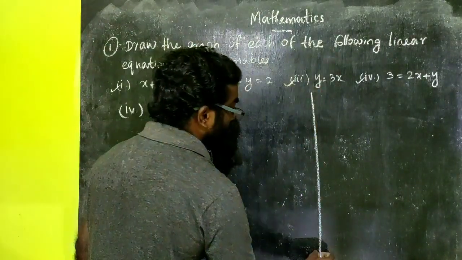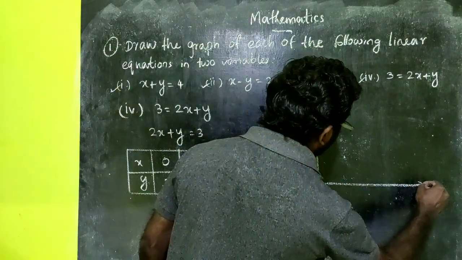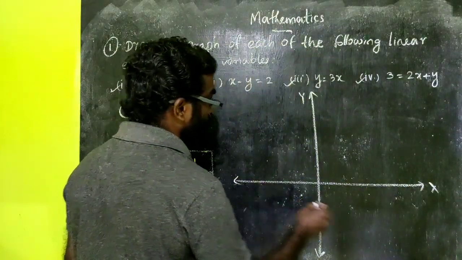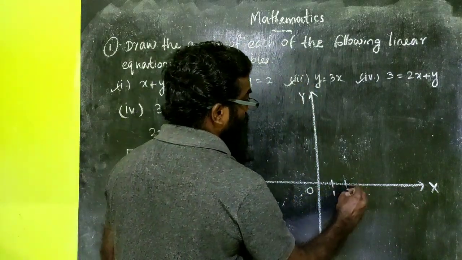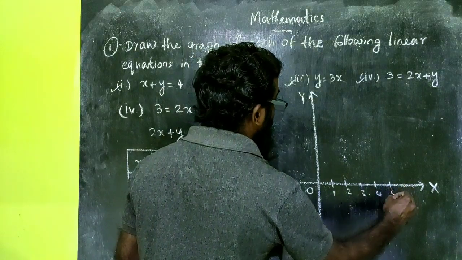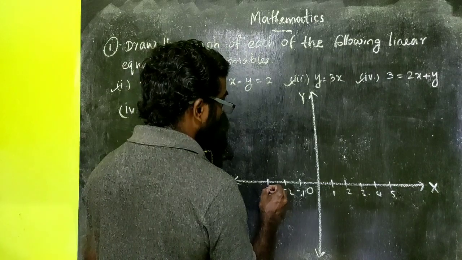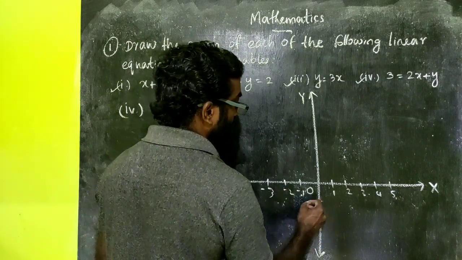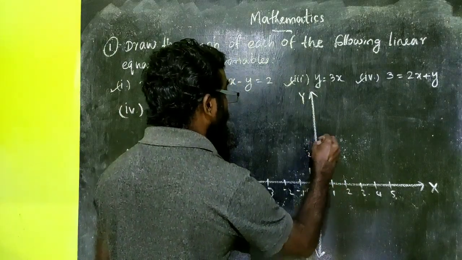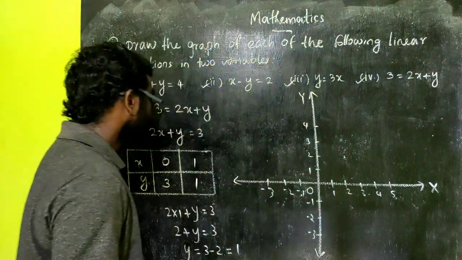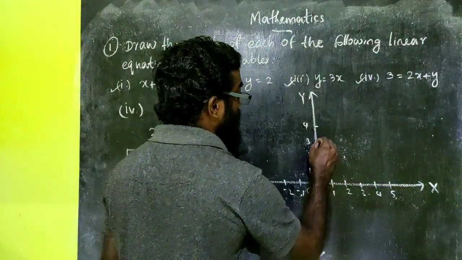We can plot the points. 0, 1, 2, 3, 4, 5 and so on. Minus 1, minus 2, minus 3. Here also minus 1, minus 2, minus 3, and 1, 2, 3, 4, etc. The first point is (0, 3).